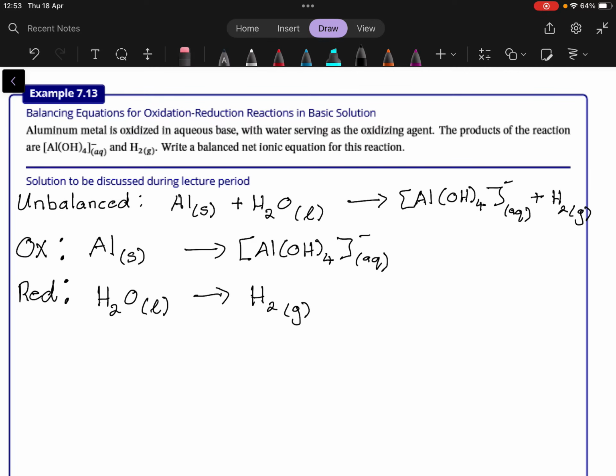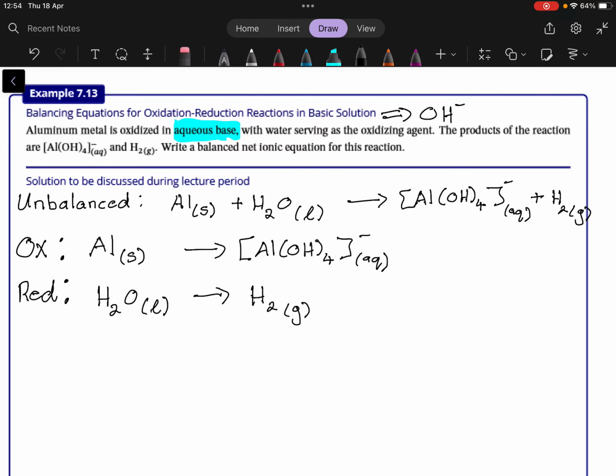The first thing that we can note is we're told it's in aqueous base. So we have a basic situation. In a basic situation, you will of course have hydroxides. So basic solution implies there's OH minuses in the vicinity, which you can use in some way or form.